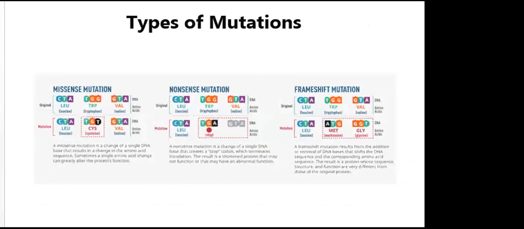Okay, let me take you back to the slide for missense mutation. Missense mutation states that when we have a genetic alteration in which a single base pair substitution alters the genetic code in a way that produces an amino acid that is different from the usual amino acid at that position.